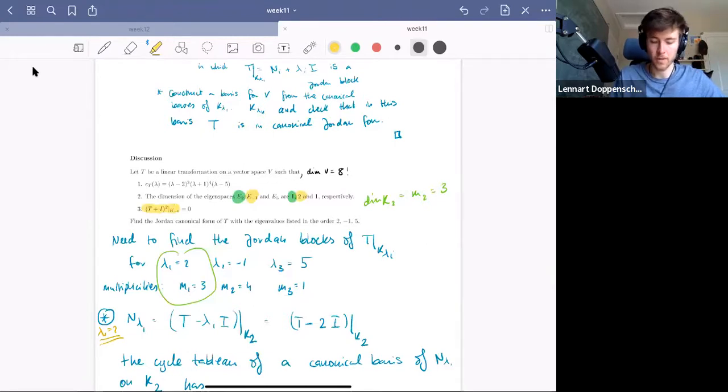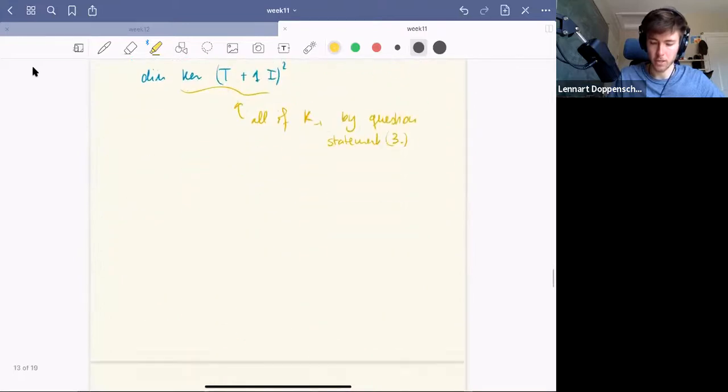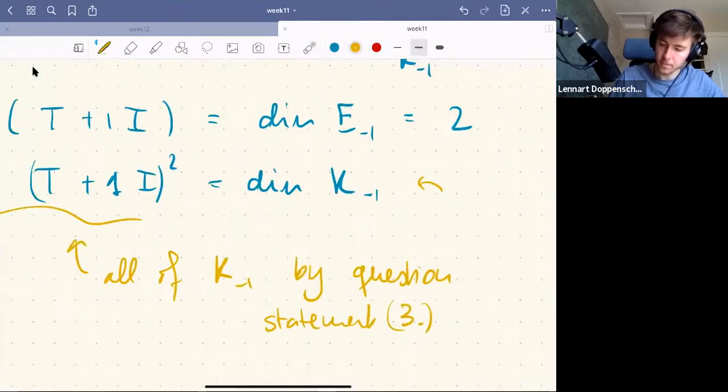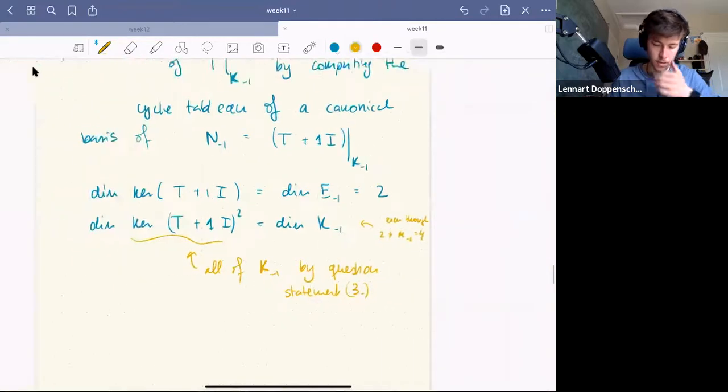And if the kernel is all of this, then the kernel's dimension is the dimension of k minus 1, even though 2 is less than and not equal to the multiplicity of -1, which was 4.